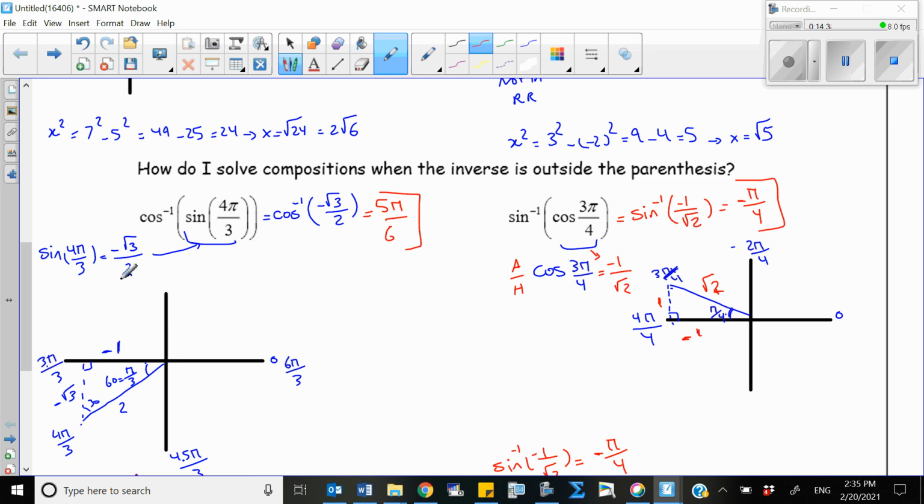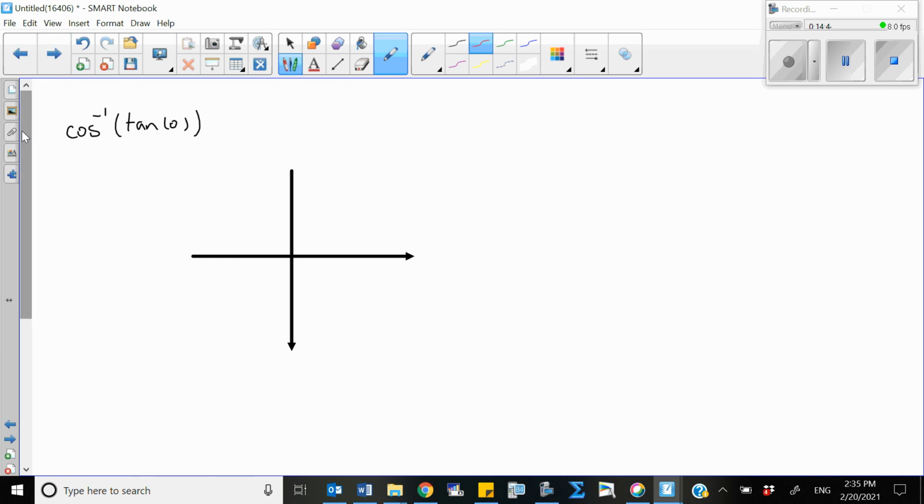Okay, I'm going to do one more example for you, which is not in your notes, but it's good to practice this one. Cosine inverse of tangent of 0. So we need to find tangent of 0 first. Where's this angle? 0 is here. It's a quadrantal angle.